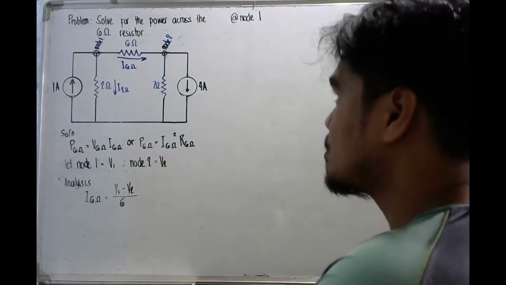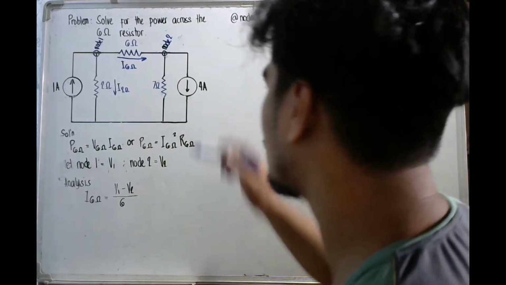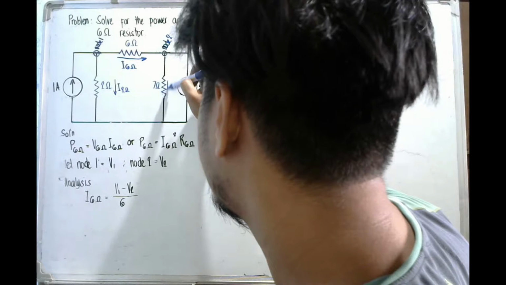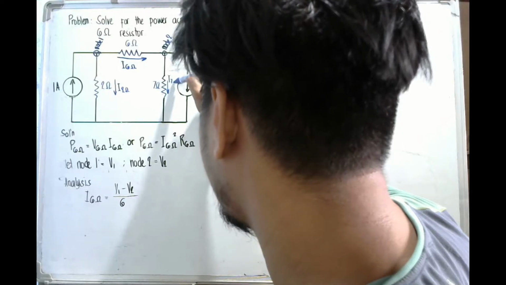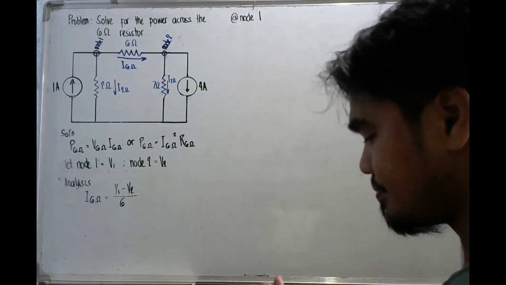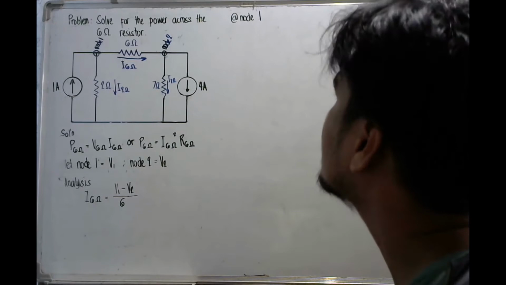And the current flowing through your 7 ohms resistor is also going downward, and let us denote that as I7 ohms. Now let's go back to node 1.